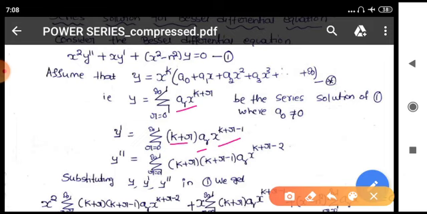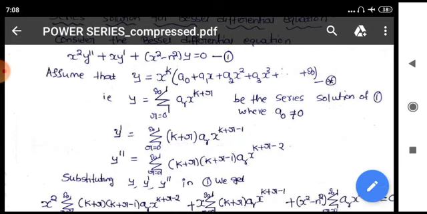Now similarly y double dash is, again ar is constant, k plus r is constant. Derivative of x power k plus r minus 1 is (k plus r minus 1) into x power k plus r minus 2.